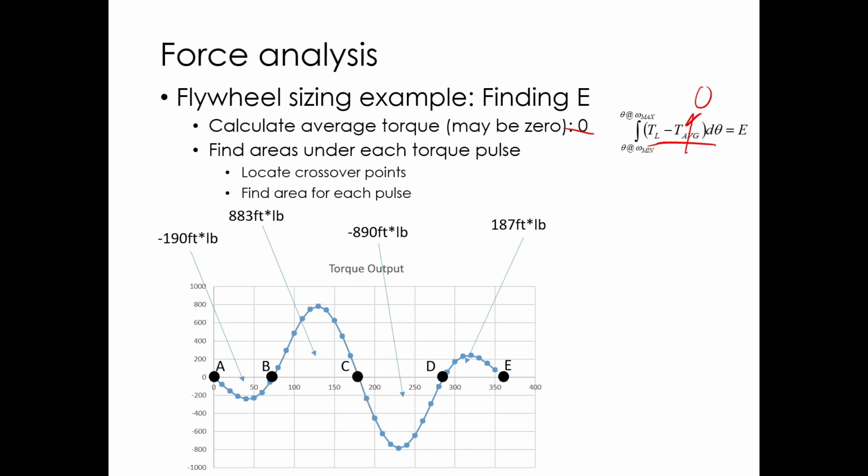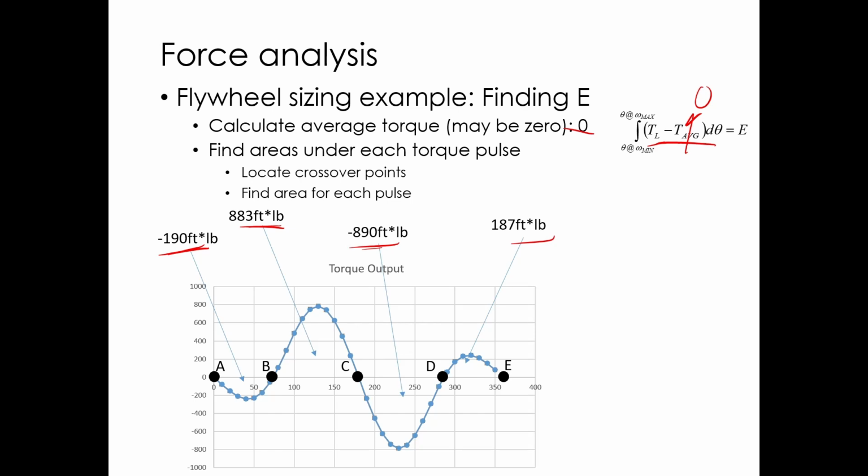So this first example here will be for when I integrate the torque output over 360 degrees, and the total work done is 0 and the average torque is 0. So if you look at these numbers here, they all add up basically to 0 at the end.